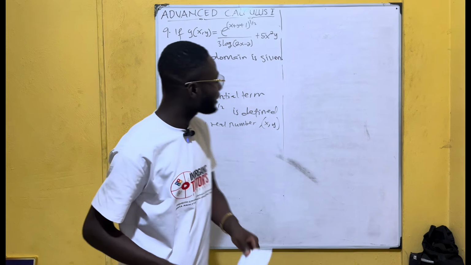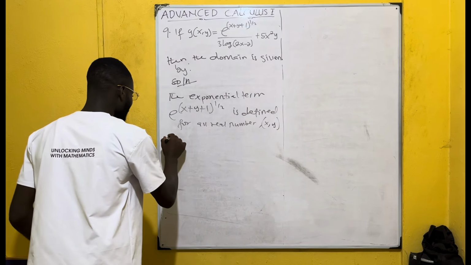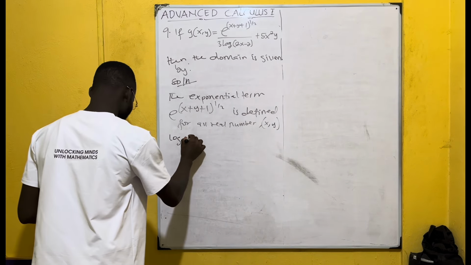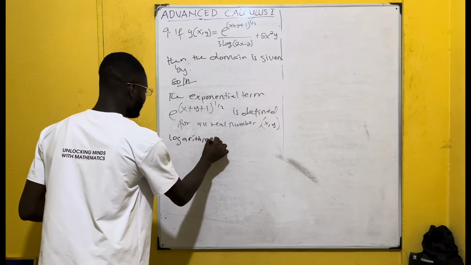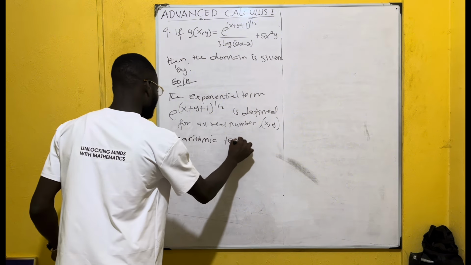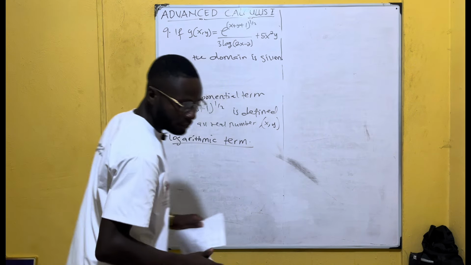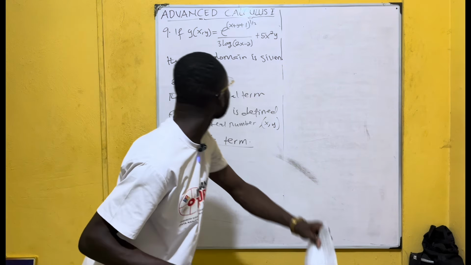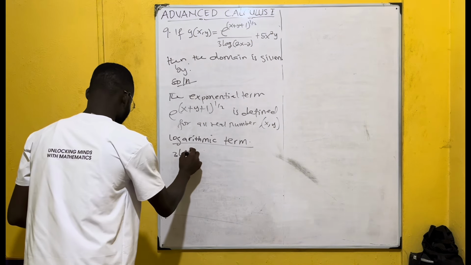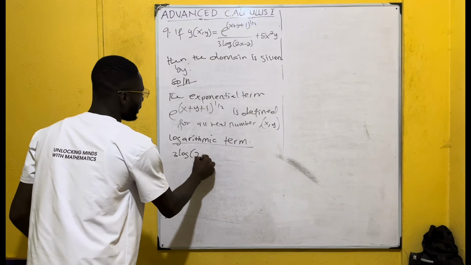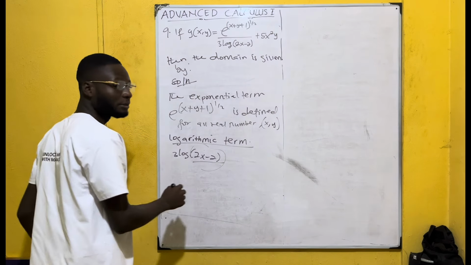So the logarithmic term, which is this 3 log into 2x minus 2, the expression inside the log must be positive.